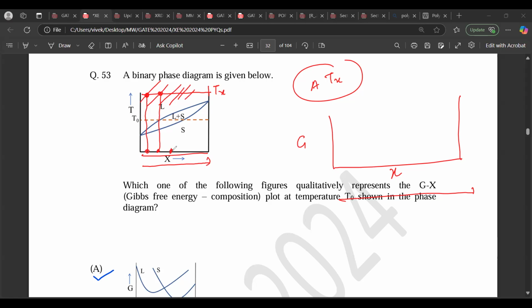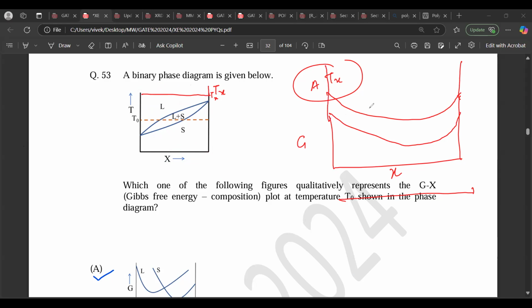So in all the composition range, my phase is only liquid. What does that mean? It means everywhere in all the composition range at a particular fixed temperature, let's say Tx, my curve of liquid is always lower than the curve of solid.